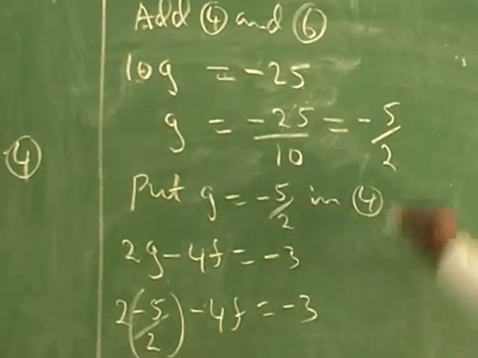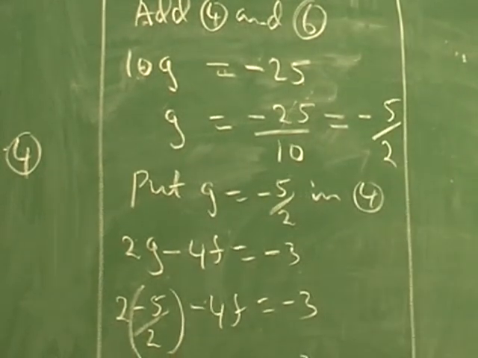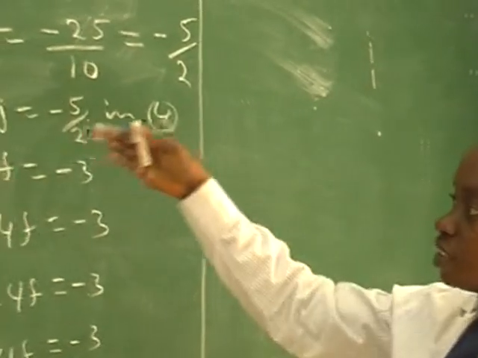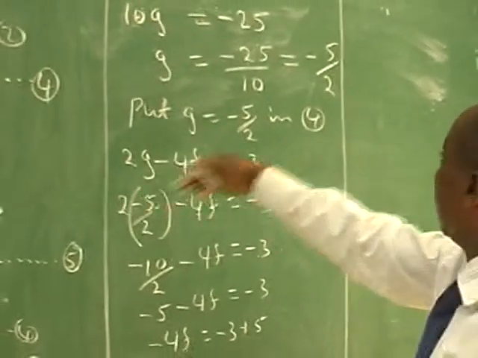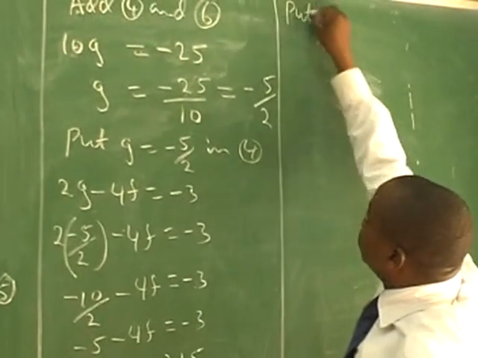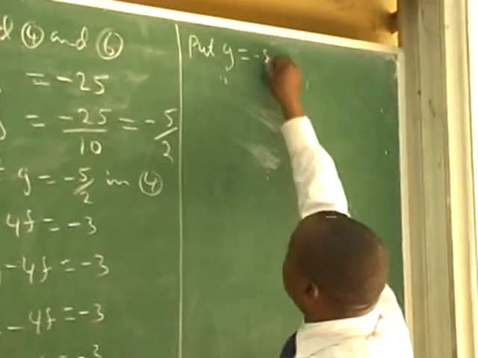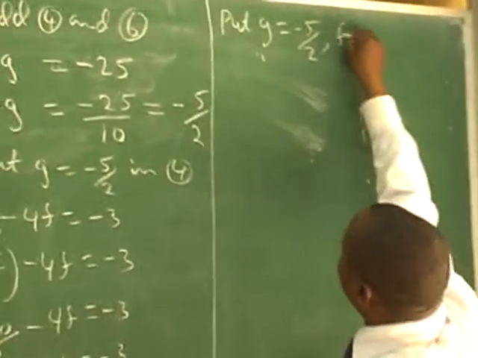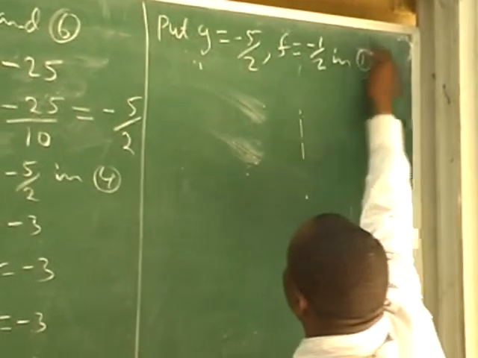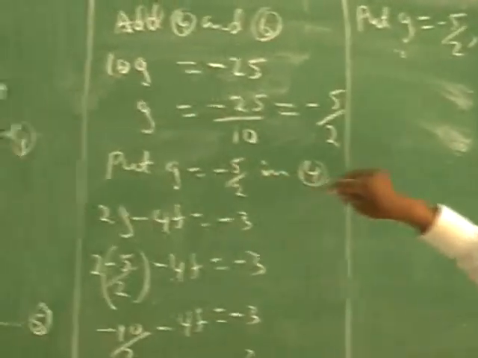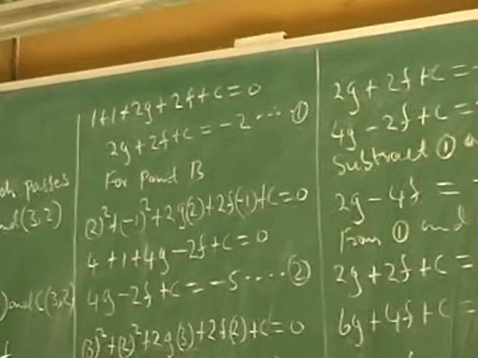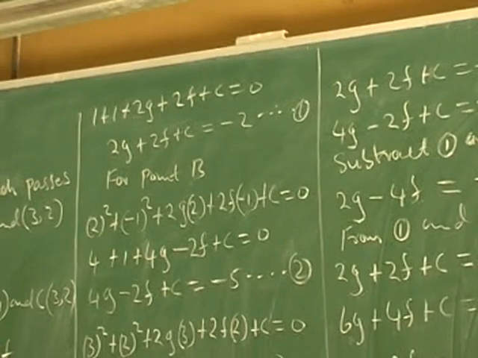Alright, but we can now get c because we need to get g, we need to get f, we need to get c because we have 3 variables. And so we are going to put g is equal to minus 5 all over 2 and f is equal to minus 1 all over 2 in equation 1. We go back to equation 1. Equation 1 says 2g plus 2f plus c is equal to minus 2.